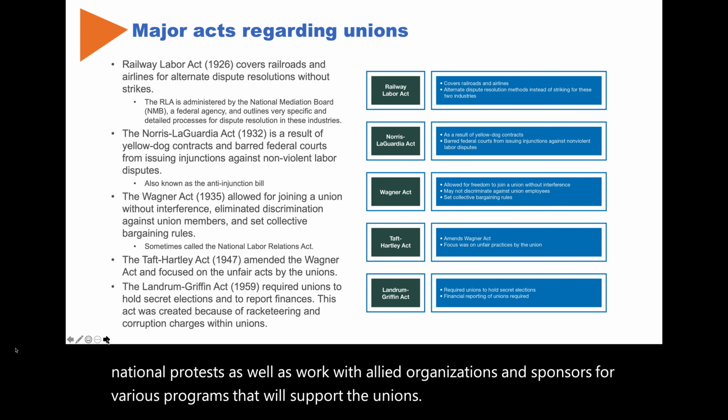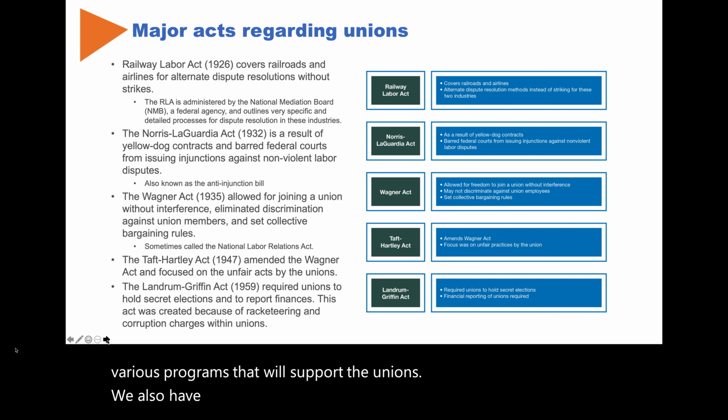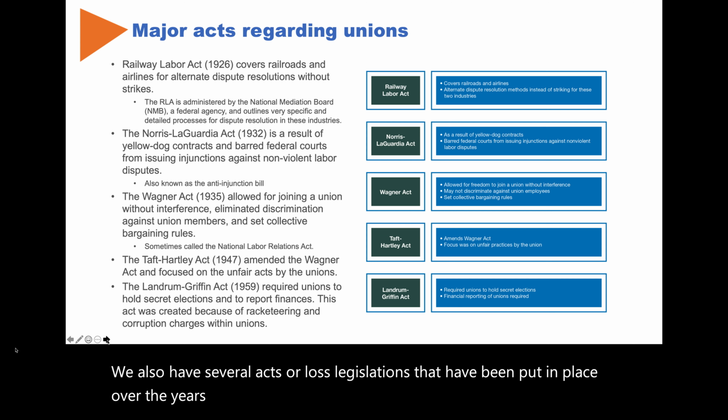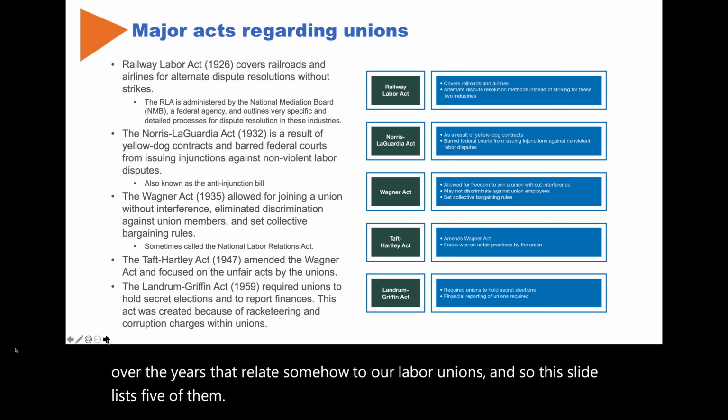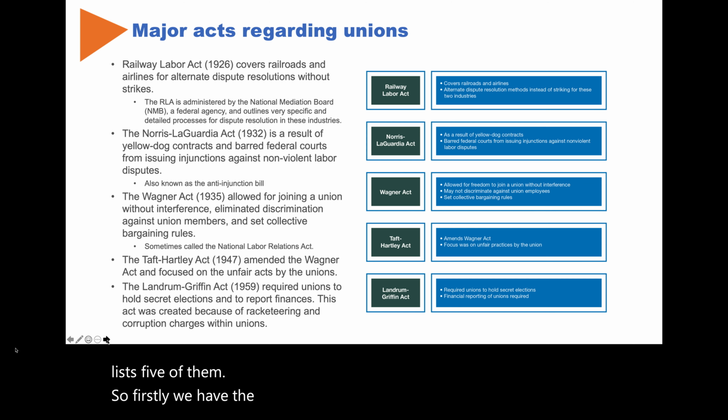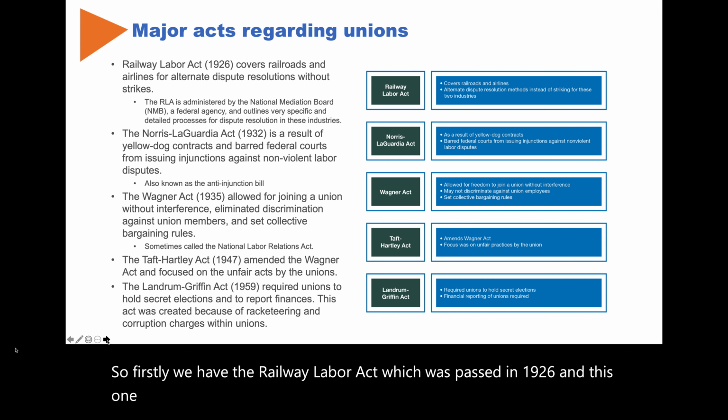We also have several acts or laws, legislations that have been put in place over the years that relate somehow to our labor unions. And so this slide lists 5 of them. So firstly, we have the Railway Labor Act, which was passed in 1926. And this one covers railroads and airlines.